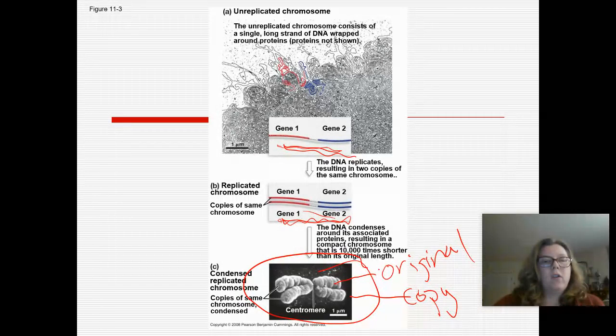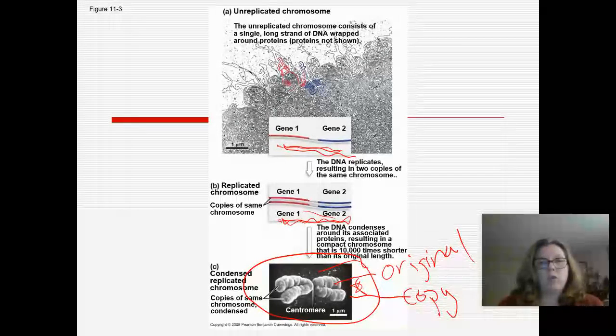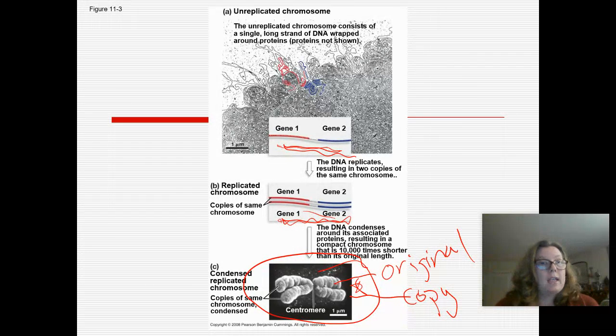All we've done here is taken this X-shaped structure we're used to seeing and drawn those two arms of the chromosome as lines. So a one-armed chromosome would just be that original piece of the chromosome, and the two-armed chromosome is after replication has occurred.